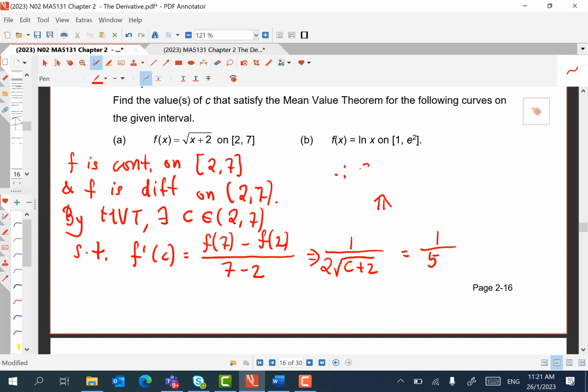So therefore, C is equals to 17 over 25, is it? Check my calculation. I could be entirely wrong, though. Oh, I think it's very wrong. I got 21 over 4. 21 over 4, right? Sorry about it. My arithmetic fails.